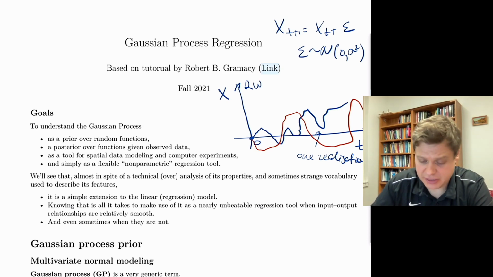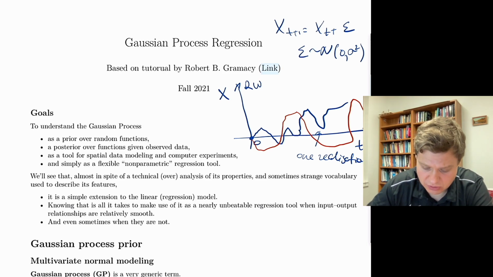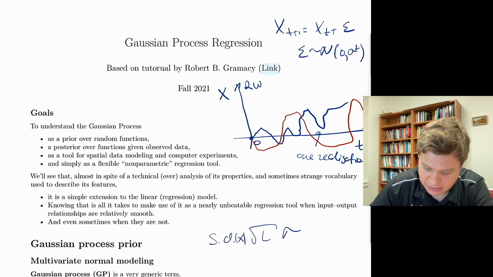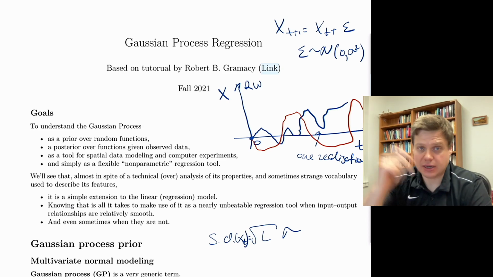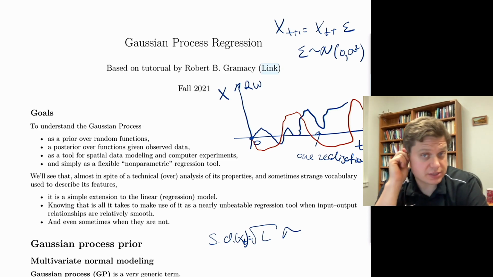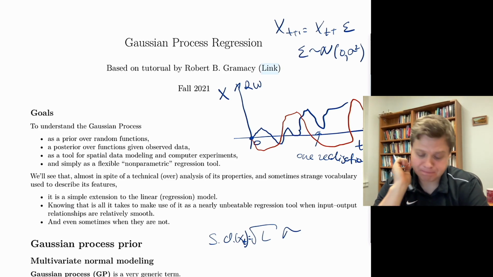Actually, in this case, variance is relatively easy to calculate. The standard deviation is going to be the square root of t. Sigma is the standard deviation of x, and actually x_t, right? Because we're going to index it with this variable t.